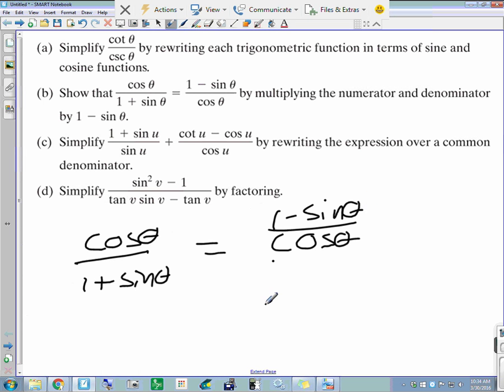So if I were to multiply, because it says multiply the numerator and denominator by this, well, 1 plus sine and 1 plus sine over here, that works, right? Over here it would be 1 plus sine and 1 plus sine again.